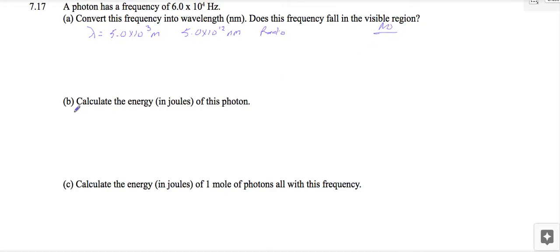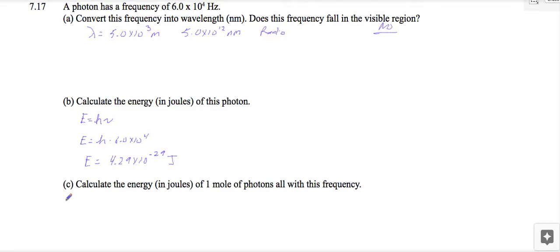The energy is the same thing here. Let's go ahead and do this because it's just the second time we've seen it. Energy is equal to Planck's constant times 6.0 times 10 to the 4th hertz. The energy is going to be a super small number, 4.29 times 10 to the minus 29th joules.